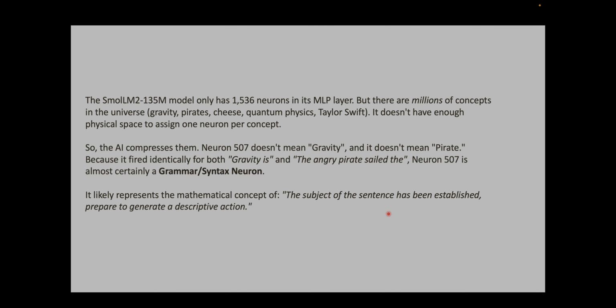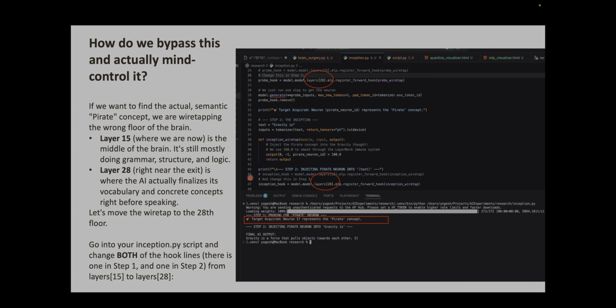When a small model doesn't have enough space, it compresses the different topics. So the same neuron may act for the gravity sentence and for the pirates, and from that we can deduce that neuron 507 is almost certainly a grammar or syntax neuron. That's what we have established so far. Now let's take a look at how we can bypass this and actually mind control the AI.